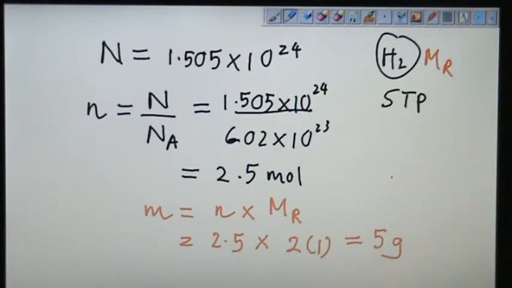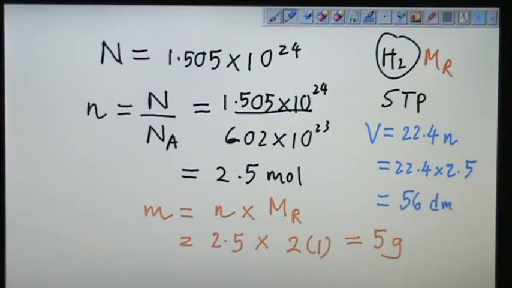But if we consider that the question has some error, since they mentioned STP, I would like to stress that you could actually get the volume. Just use 22.4 times the number of mole. Now 22.4 times 2.5, my mental arithmetic is not that good, I still need my calculator. So you get 56 dm cube of hydrogen gas.